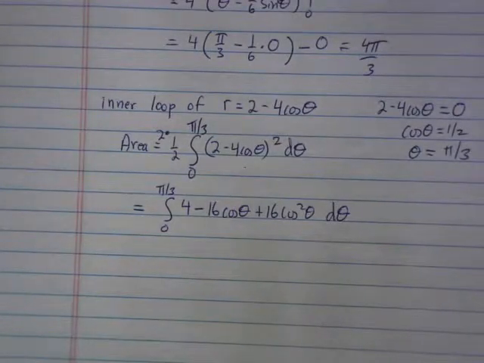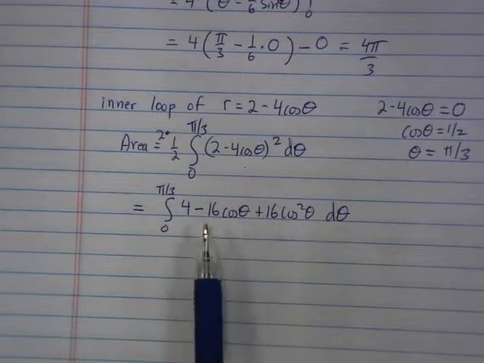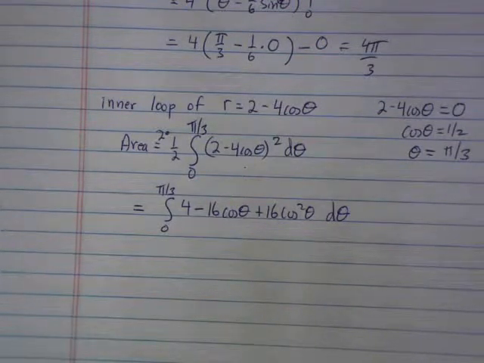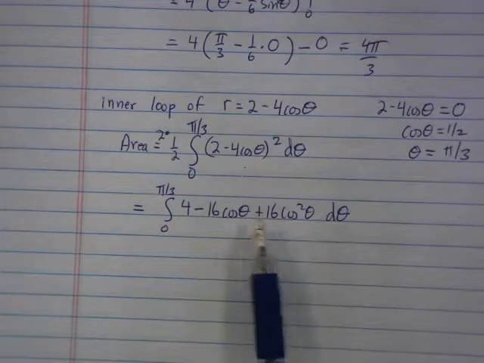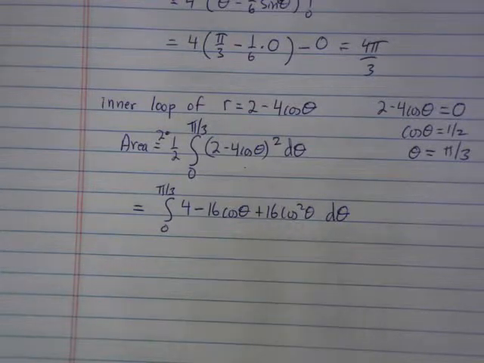Well, I can integrate 4, that's not a problem. I can integrate 16 cosine theta, that's not a problem. How do I integrate 16 cosine squared theta? Power reduction formula again.